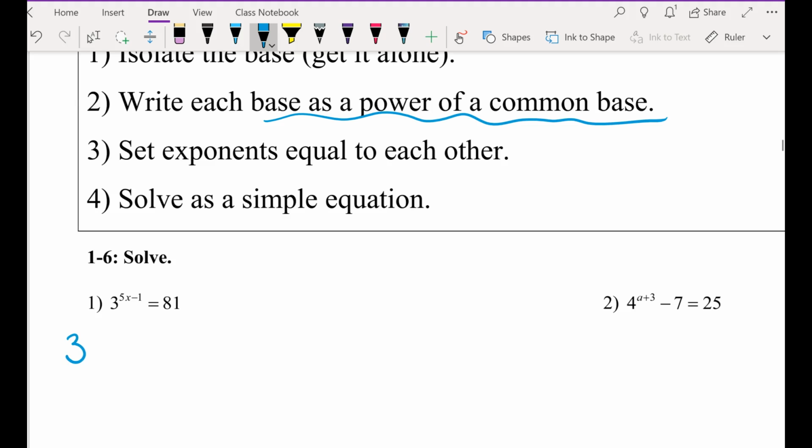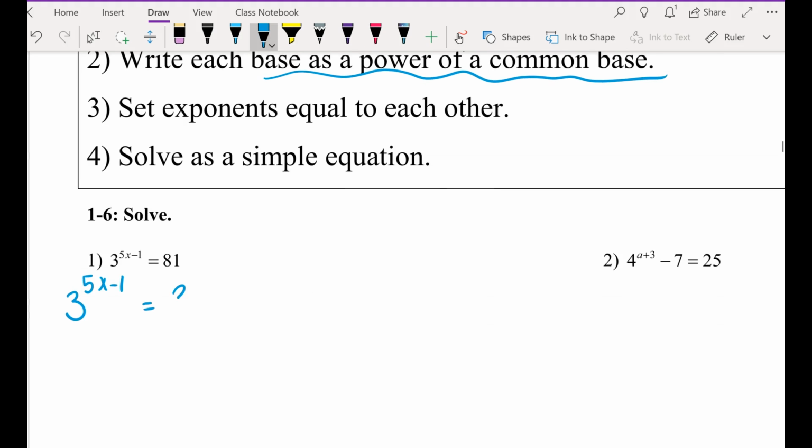On the left side we have 3 to the power of 5x minus 1, and 81 you can rewrite as a power: a base of 3 to the power of 4. Now, are the bases identical? That means you can drop the bases, because for it to be equal, the exponent on the left, 5x minus 1, must be exactly the same as the exponent on the right, which is 4. So now your job is to solve for x.